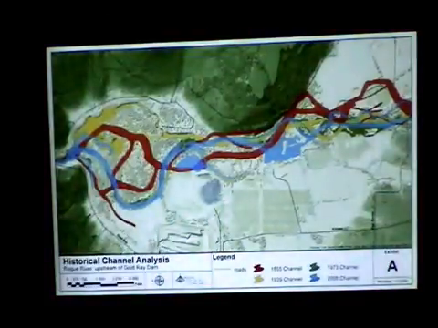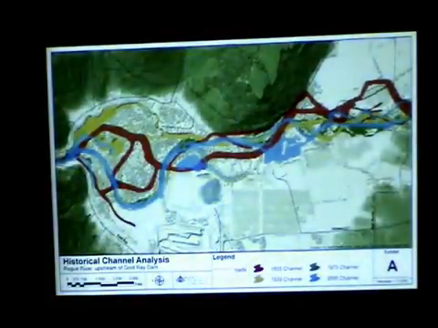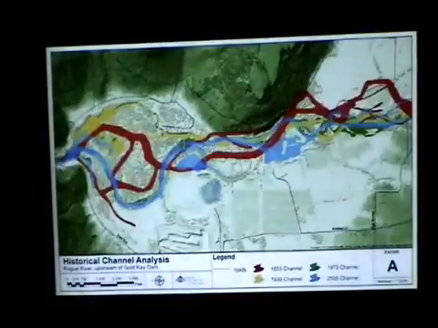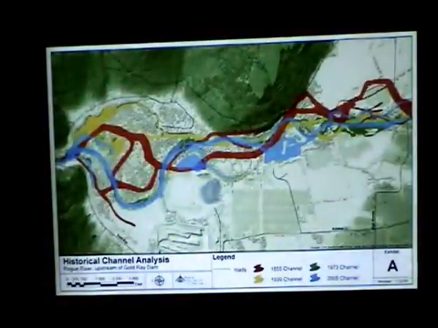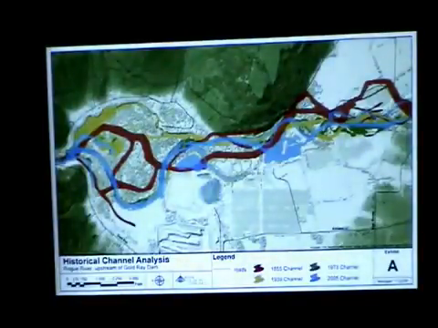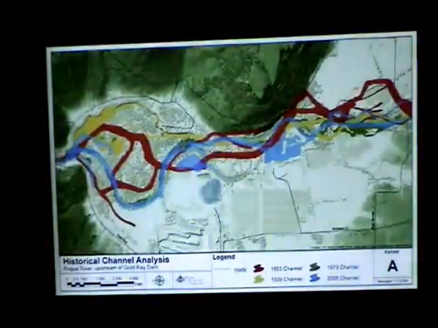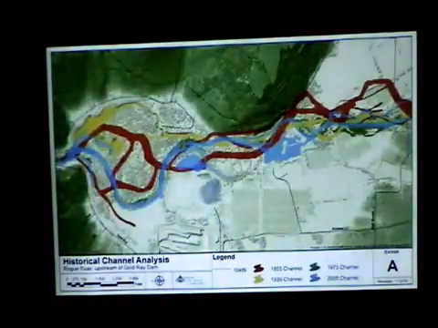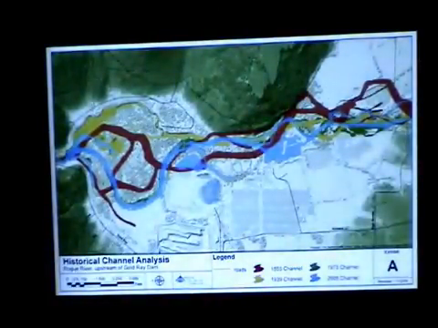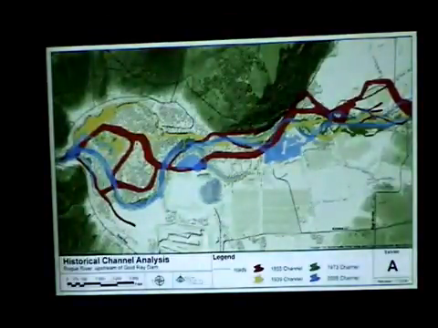So this map, and we have a copy of this over here as well, is a historical channel analysis. And this is pretty interesting because we actually have the 1855 channel. What happened in the mid to late 1800s is the General Land Office went around and surveyed pretty much the entire state.